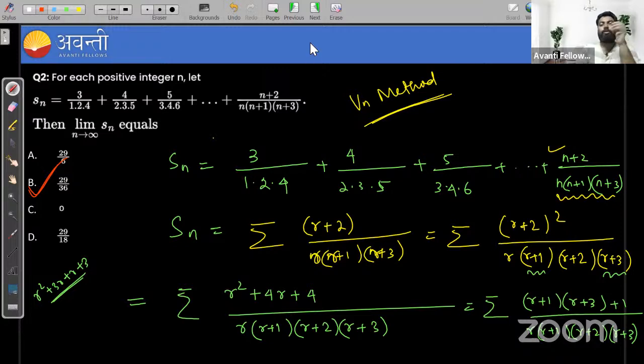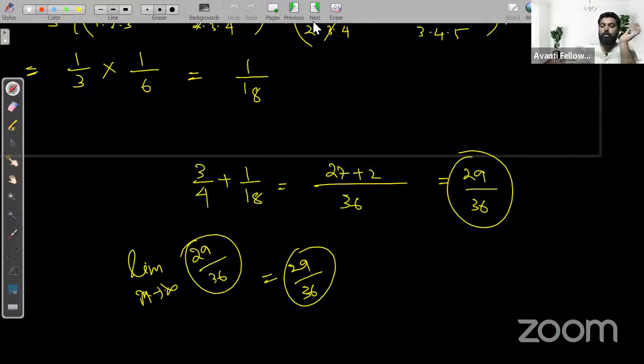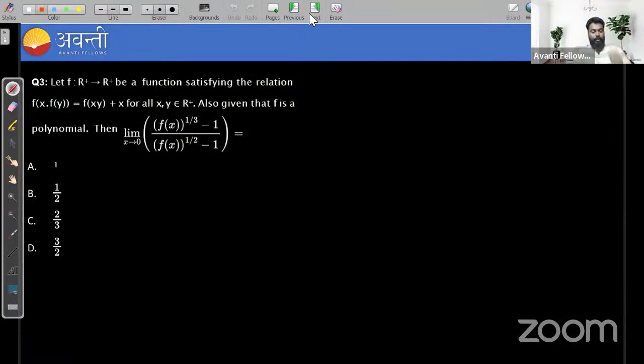Okay. Let's move to the third question. So what is it asking actually? It is given that f is a function which is mapping from R plus to R plus.